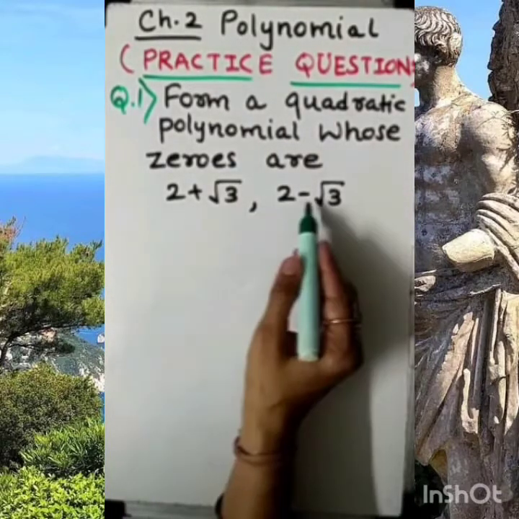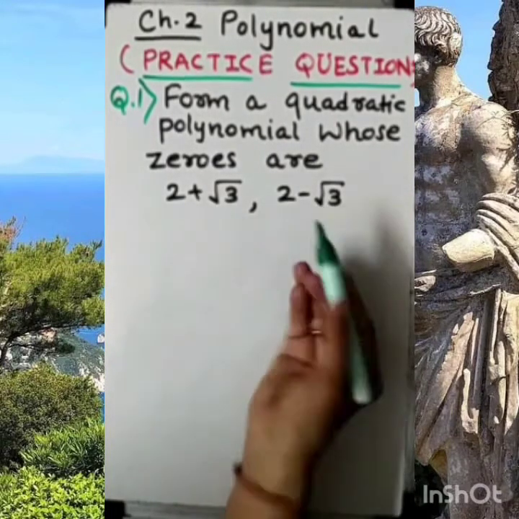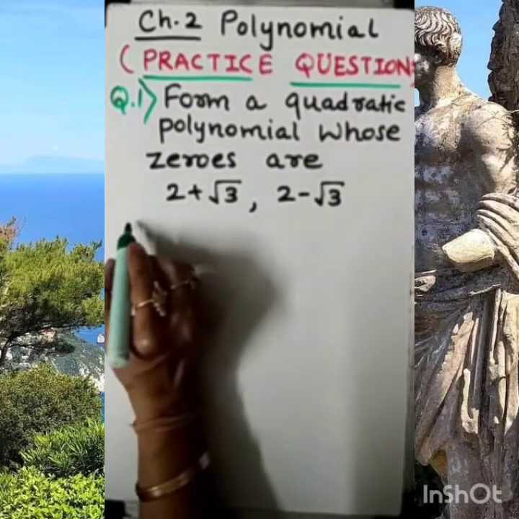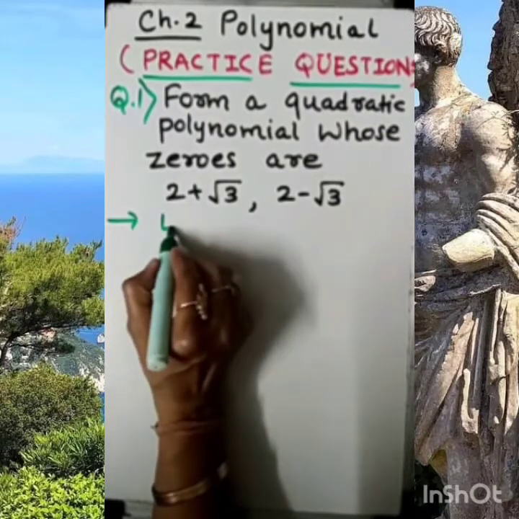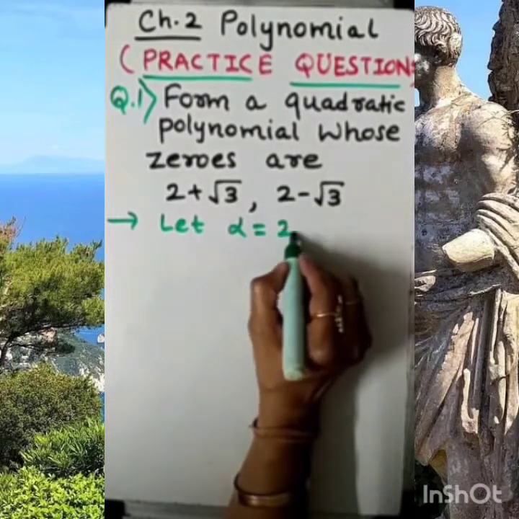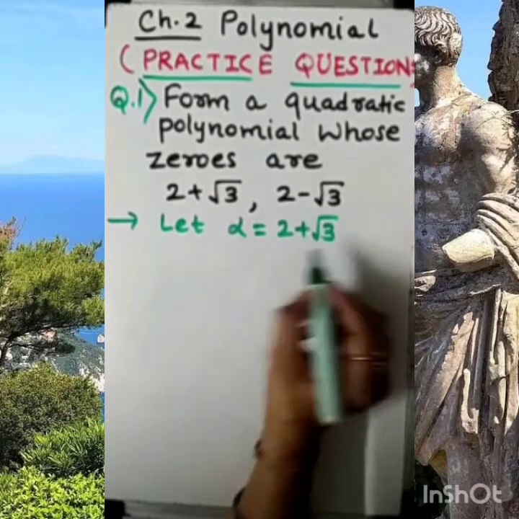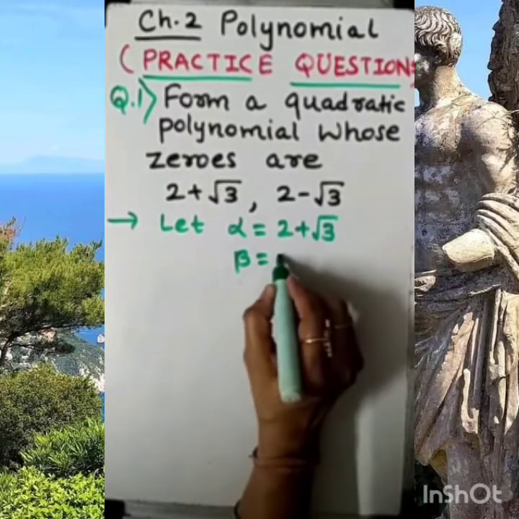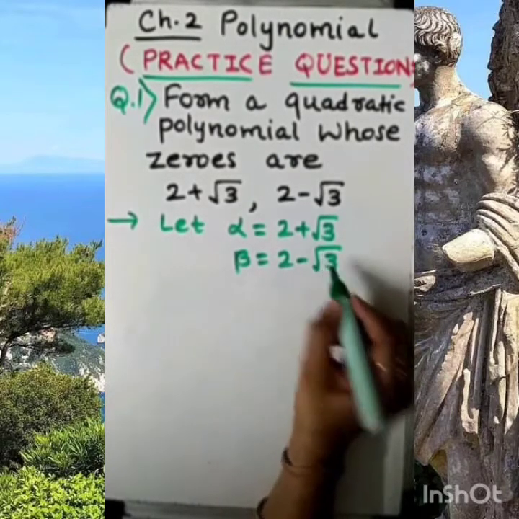As these two are given the zeros of the polynomial, dear student, we will begin from here. Let the first zero be alpha and the other zero be beta.